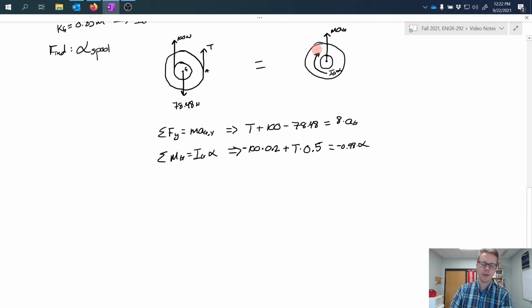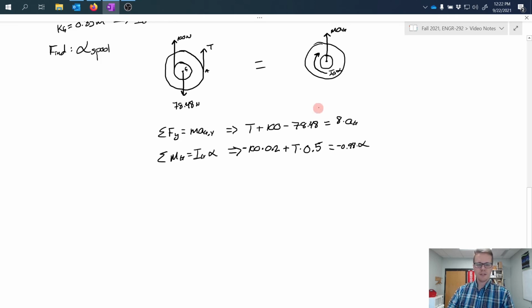I could have drawn it the other way, but I drew it in a clockwise direction, and therefore I need to represent it here negative. Again, that's a convention. As long as my convention is consistent, then everything will come out. If the arrows prove to be in the wrong directions, then my answers will come out negative, and it tells me that through my solution.